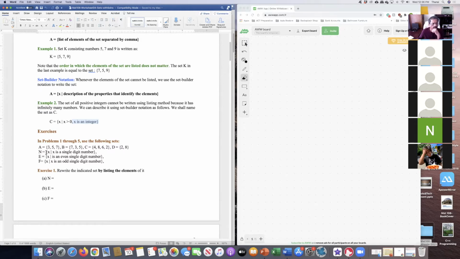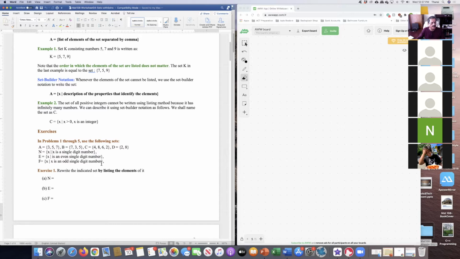And N is described using the set builder notation: set of all X such that X is a single digit number. E is the set of all X such that X is an even single digit number, and F is the set of all X such that X is an odd single digit number.